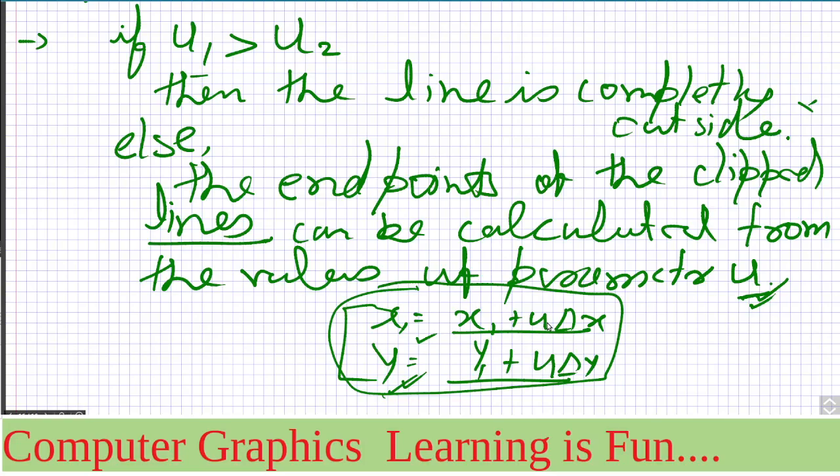So here we have seen the Liang-Barsky algorithm, and in general this is more efficient than the Cohen-Sutherland algorithm. How is it more efficient? Because now we have fewer intersection calculations.